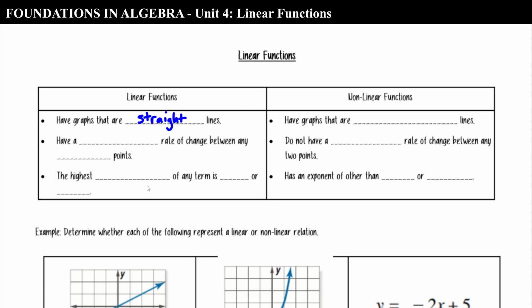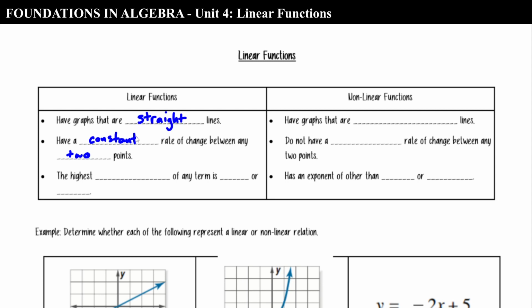If we take a look at two sets of points, they have to have a constant rate of change between any 2 points. So in other words, if we have a list of points, then the difference between the x values has to be the same and the difference between the y values has to be the same, or the ratio between our change in y to our change in x has to be the same.